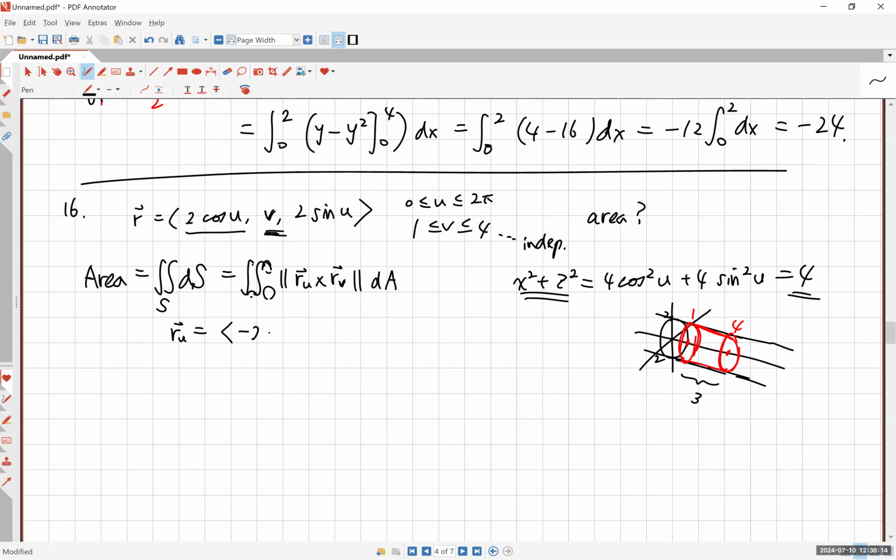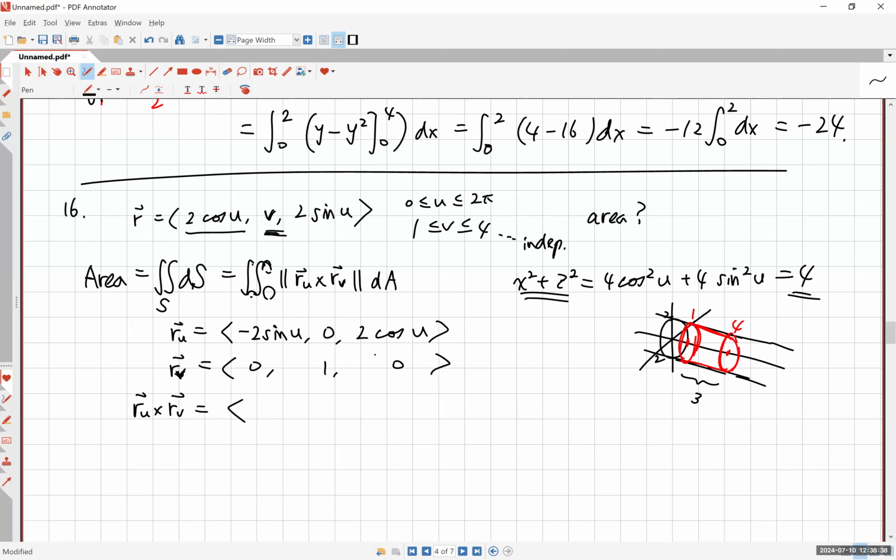R_U is negative 2 sine U, 0, 2 cosine U. R_V is 0, 1, 0. Notice here, I always do it this way, R_U right above R_V, because that way I can easily calculate by visualizing this.